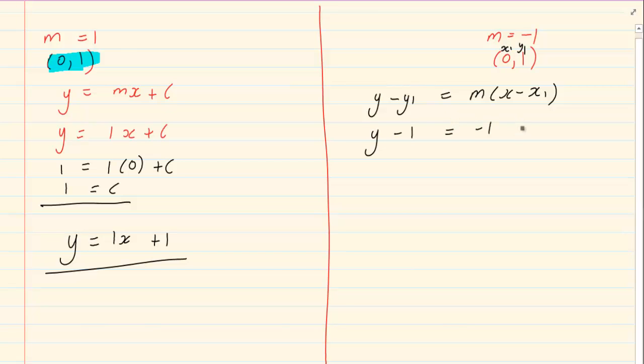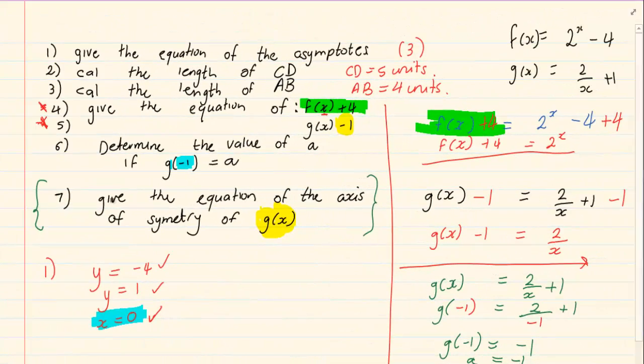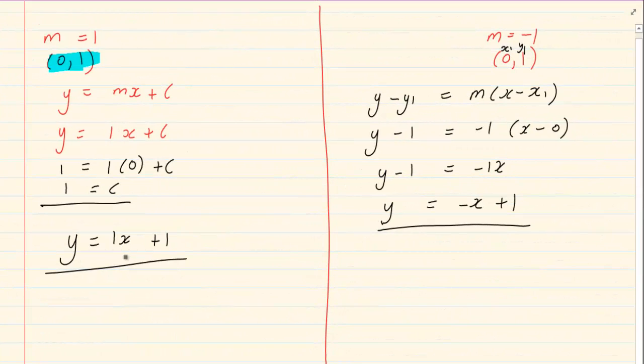My m is given to me. Then you get rid of the brackets. So I've got y is equal to minus x plus 1. So our two equations of axis of symmetry are y is equal to 1x plus 1 or y is equal to minus x plus 1.